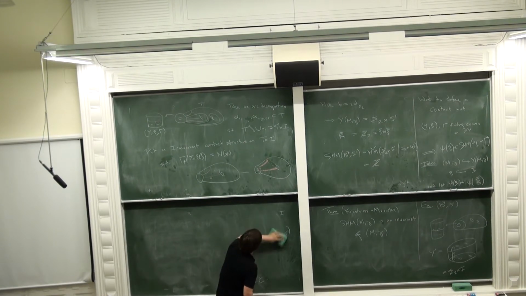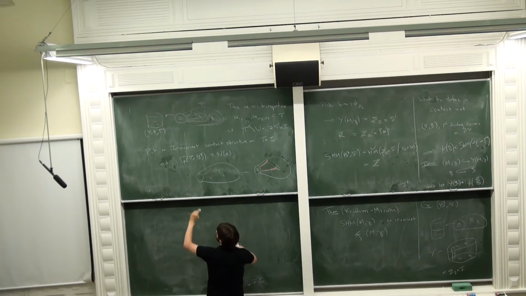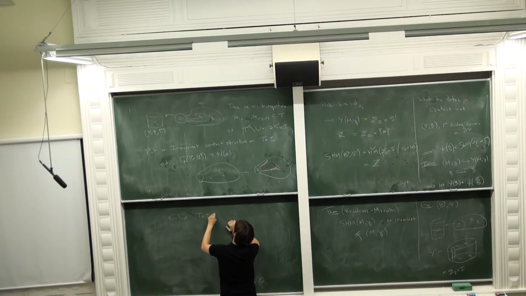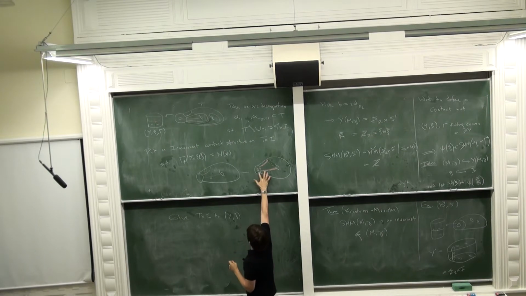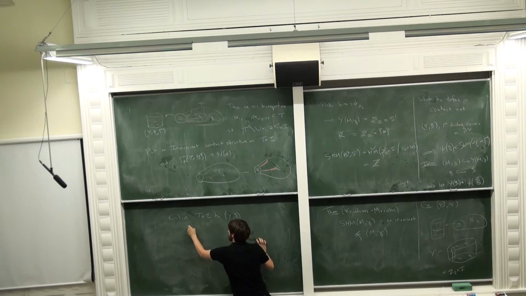And now that we have this contact structure, we need to glue it. As before, we glue these annuli to neighborhoods of sutures on our contact manifold, but we do it by perturbing slightly.